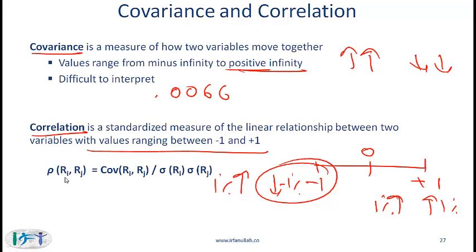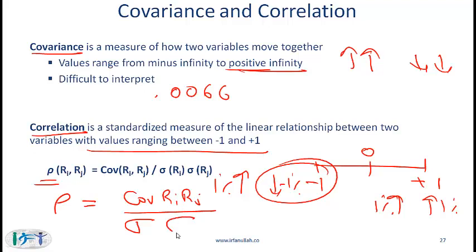The formula for calculating correlation, and this symbol is the symbol for correlation. So correlation is equal to the covariance between the returns on the two stocks divided by the standard deviation of the return on the first stock multiplied by the standard deviation of the return on the second stock. So you need to remember this formula.